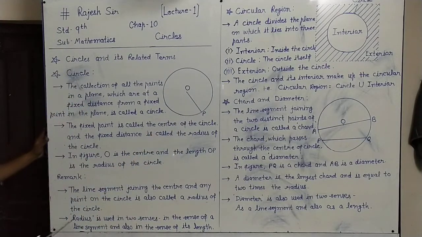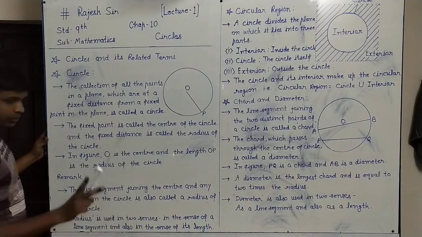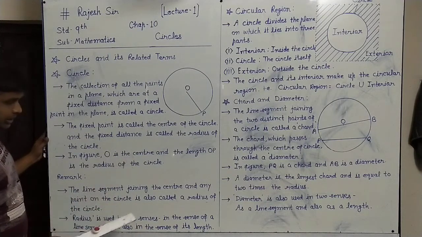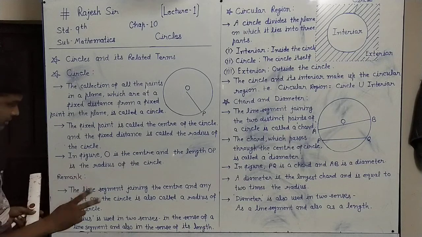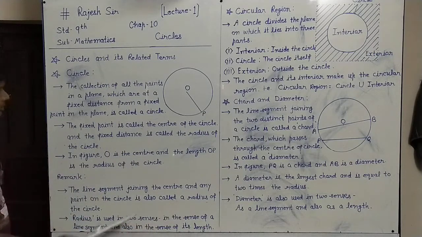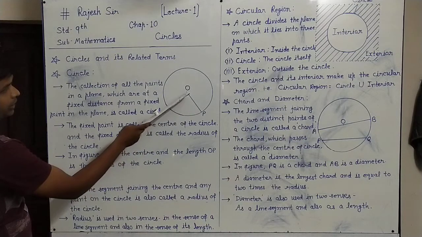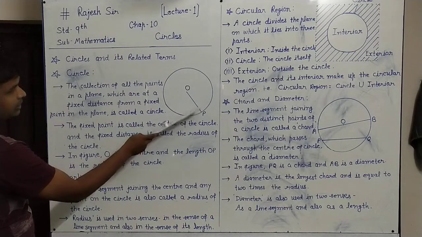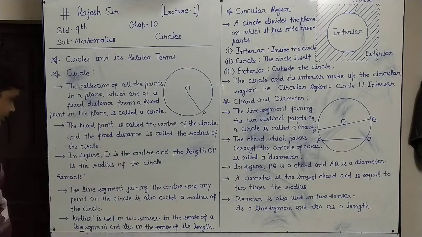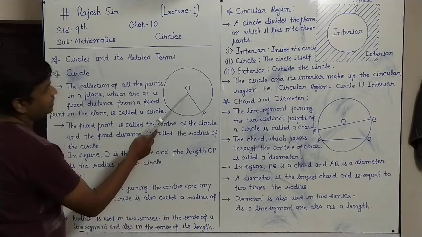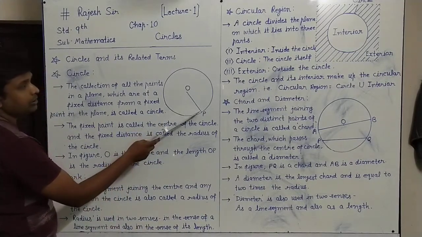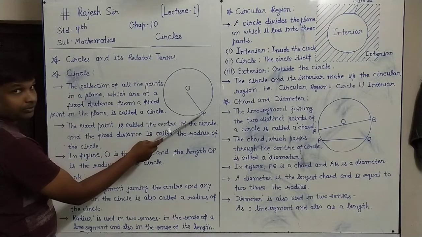So radius is used in two senses. In the sense of a line segment, you can consider the line segment joining the center and a point on the circle, and it is called the radius. And also in the sense of length, it shows the length from the fixed point to the circle.